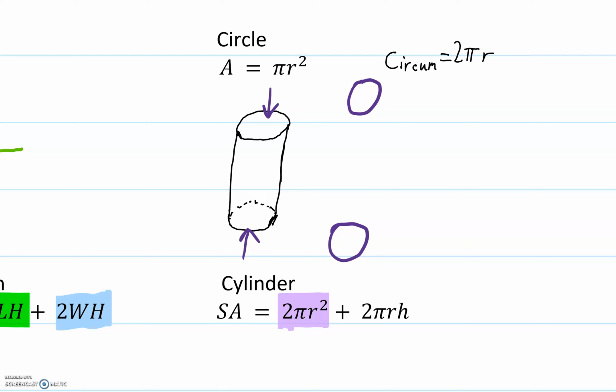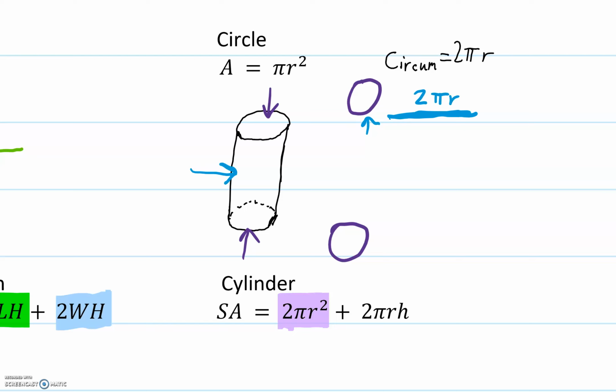If you think about our cylinder, we have this whole side, which wraps around the shape. Imagine this purple circle rolls over itself until this point is back on itself. One roll of our circle would be a length. We can measure that length with circumference, 2 pi r.